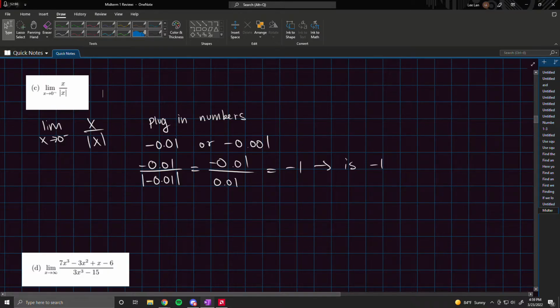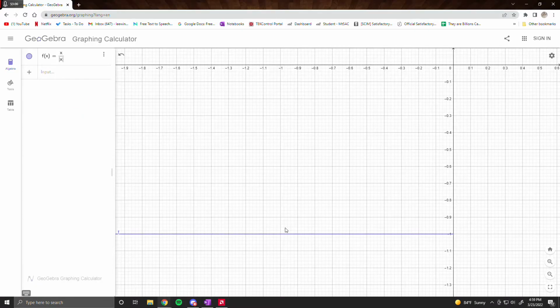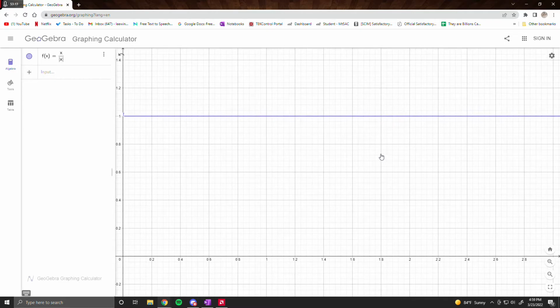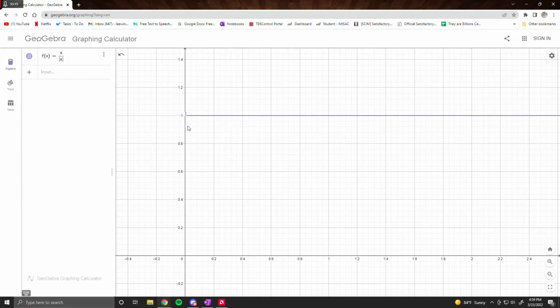Since the signs don't match anymore and they're being divided, it's the same number being divided by the same number, so you should always get 1. And on the flip side, if you plug in positive numbers, you'll always get the same number divided by the same number, and so you should also always get 1.